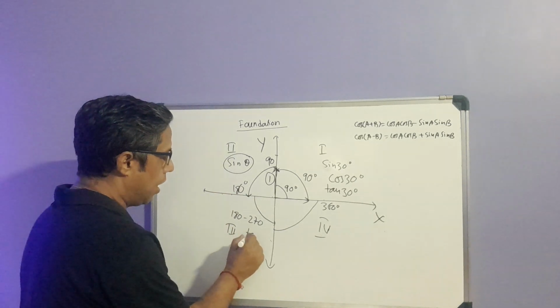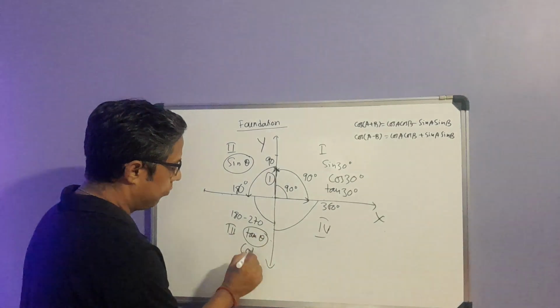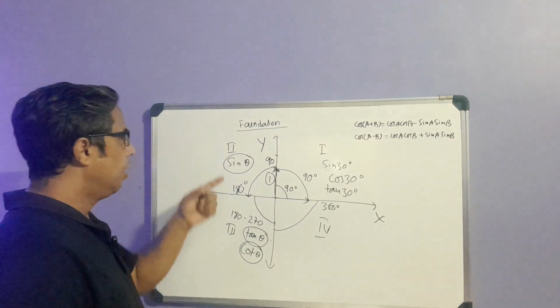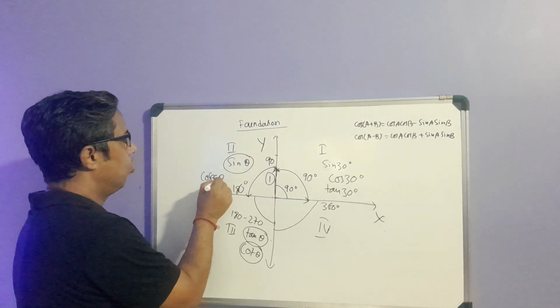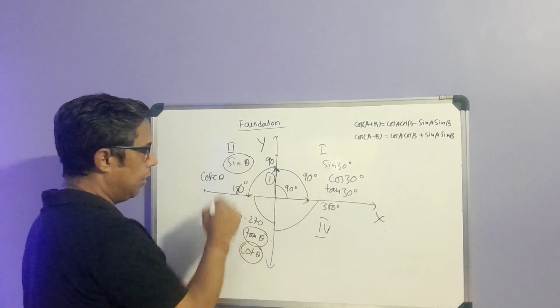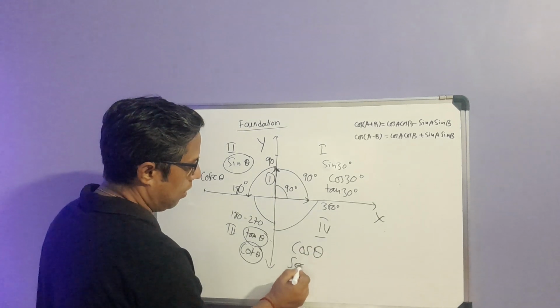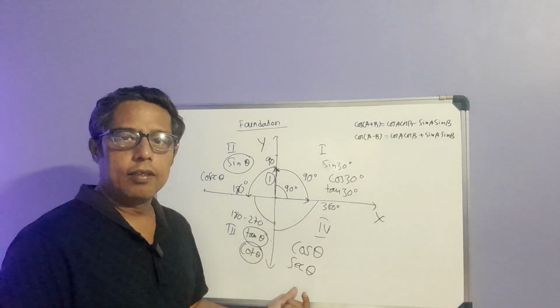Only tan values will be positive, tan theta and cot theta. In the second quadrant, sin theta and cosec theta will be positive. And in the fourth quadrant, cos theta and sec theta will be positive.